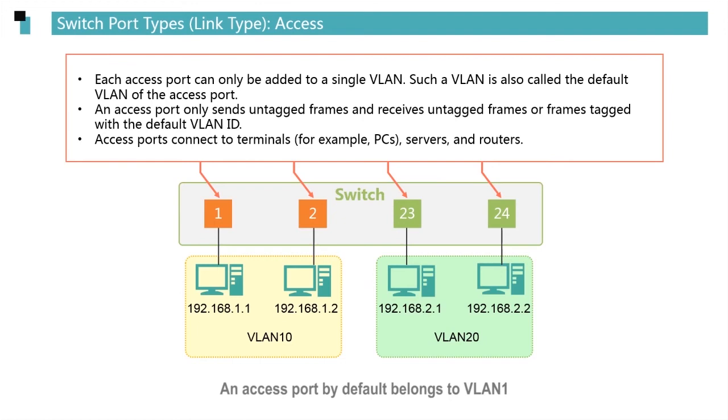An access port by default belongs to VLAN 1. VLAN 1 is the default VLAN used on switches of most vendors. An access port only sends untagged frames and receives untagged frames or frames tagged with the default VLAN ID.